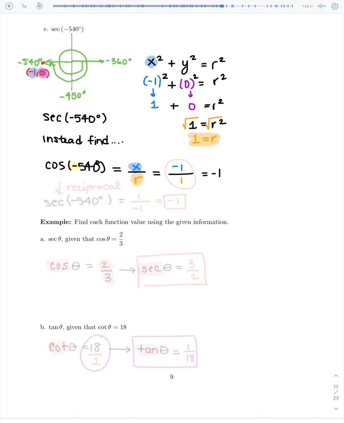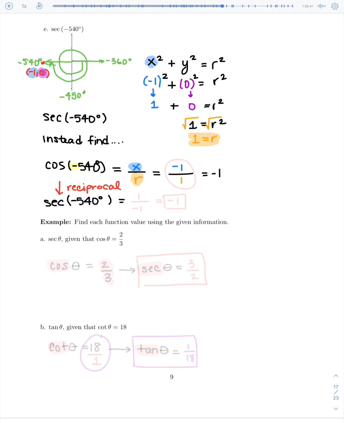Okay, be careful, that is not what we asked for. We asked for secant of negative 540 degrees. Well, remember, secant is cosine's reciprocal, which means to take that number and flip it upside down.